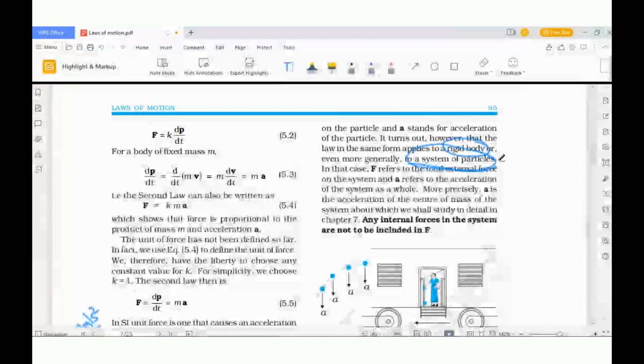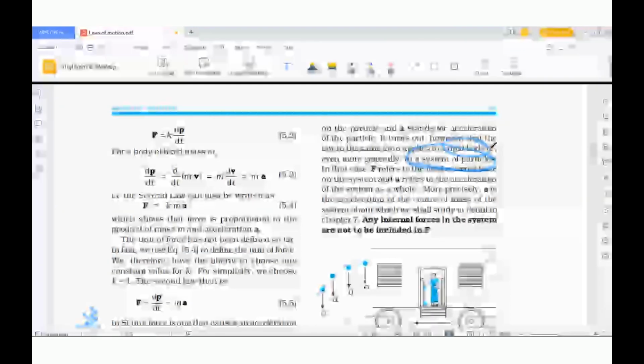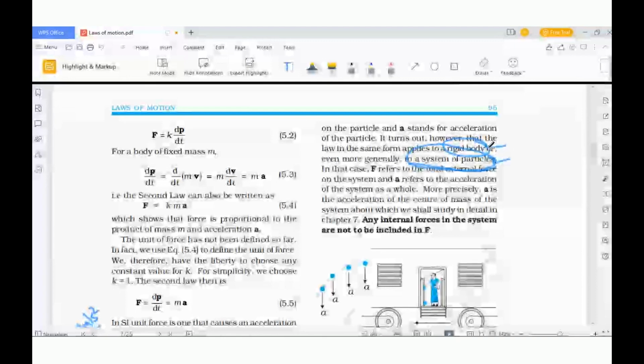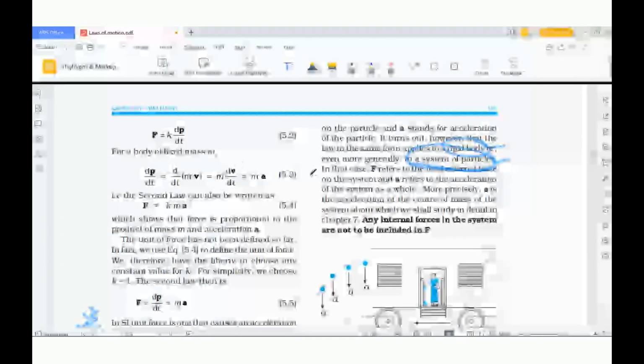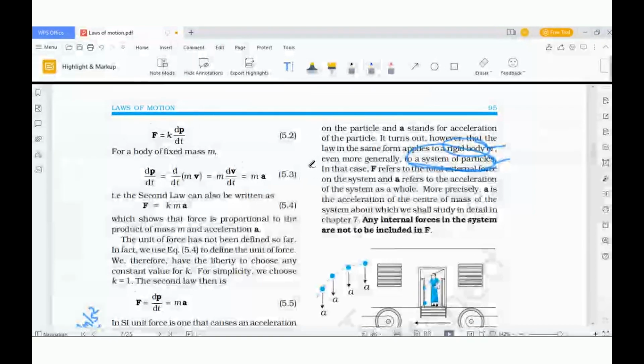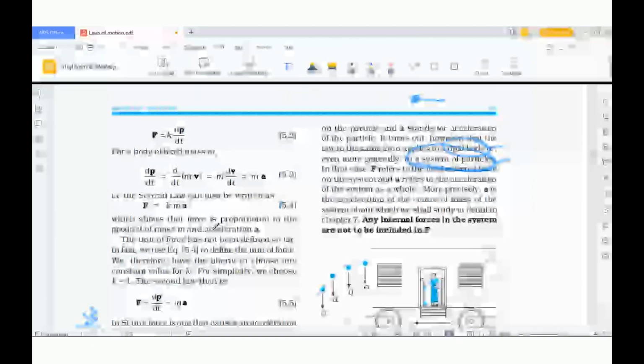In chapter 6 or 7, you entirely learn about rigid bodies and systems of particles. But earlier, up to chapter 4 or 5, we'll just restrict ourselves to the discussion of a particle in motion, a single particle which is moving. We don't consider entire rigid objects.